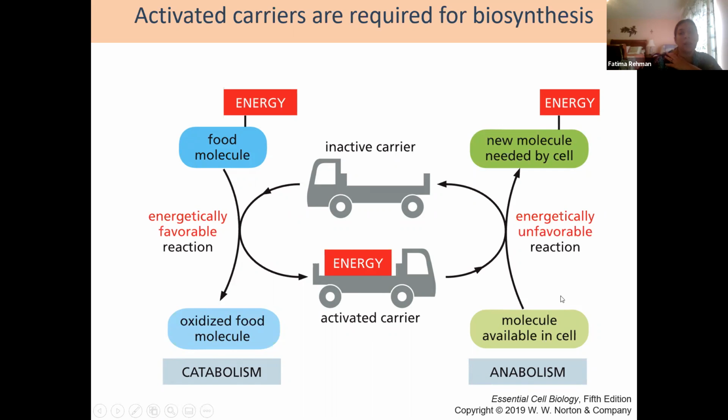Normally, these would be energetically unfavorable reactions and wouldn't occur without the help of this energy input. And then that leads to inactivated carrier molecules that can then go on and cycle back to get more energy from the catabolic reactions.